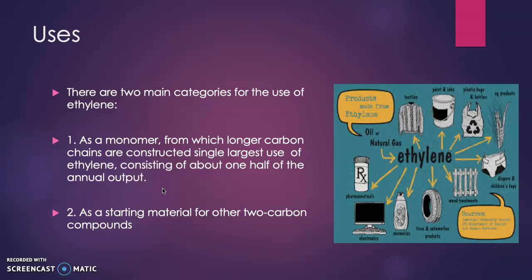It is also a starting material for other 2 carbon compounds. Ethylene is used in pharmaceuticals, electronics, cosmetics, tires and automobile products, diapers, and children's toys, which seems a little dangerous, plastic bags, and bottles, as well as paint and inks.